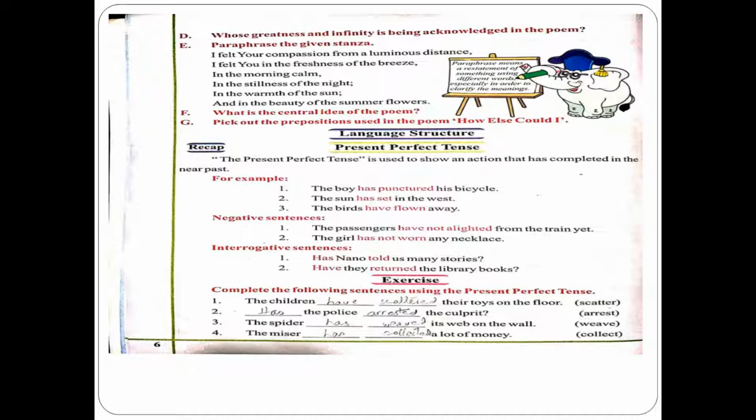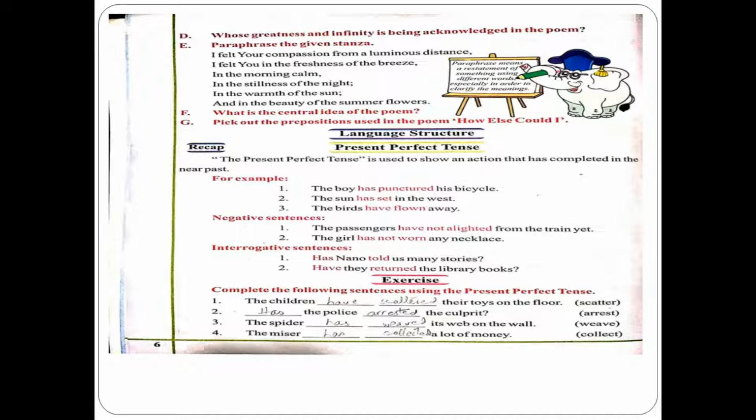And here different examples are given. Number 1 is, the boy has punctured his bicycle. Now you will notice that two words are highlighted, has and punctured. What does it show? That the helping verb has been used and the third form of verb is used.